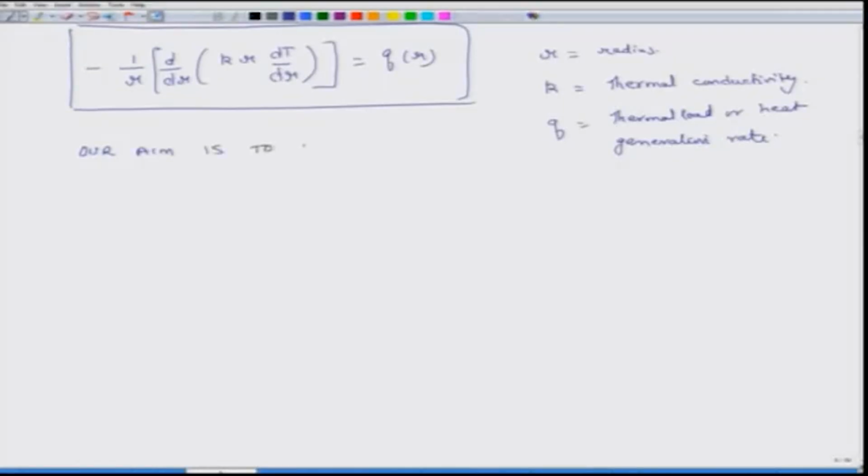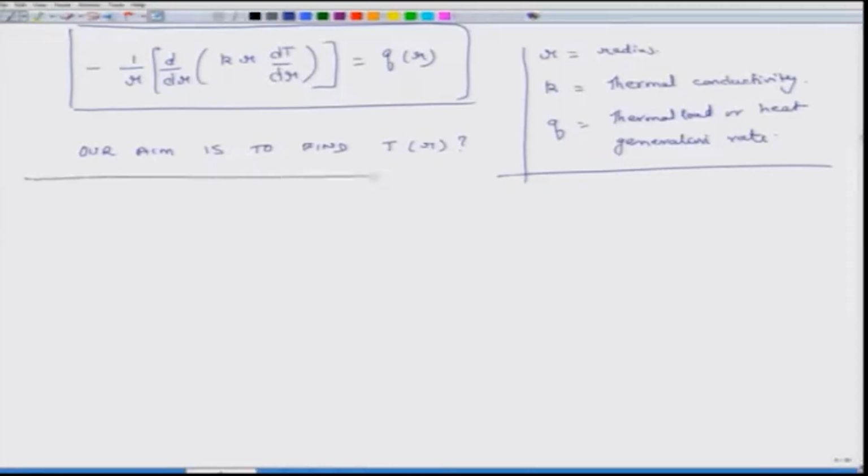and our aim is to find T as a function of r. Okay. So, what we are interested in finding out is how does T change as I move from Ri to Ro, from inside radius to outside radius. That is what my aim is. Okay.